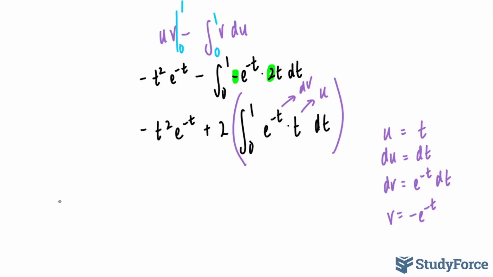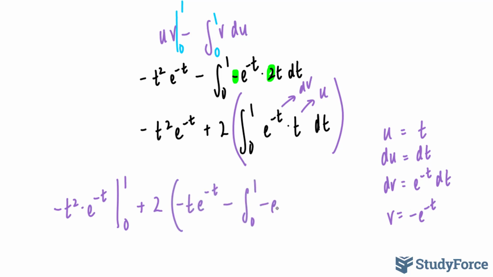So we have negative t to the power of 2 times e to the power of negative t, and we're going to evaluate this between 0 and 1, plus 2. And we will apply all of these to this formula: e to the power of negative t, and du, which is equal to dt.